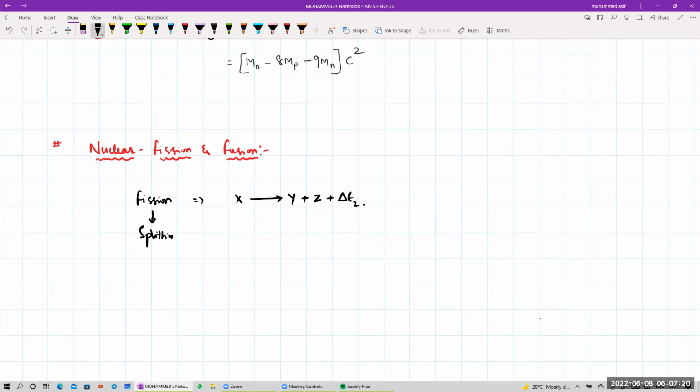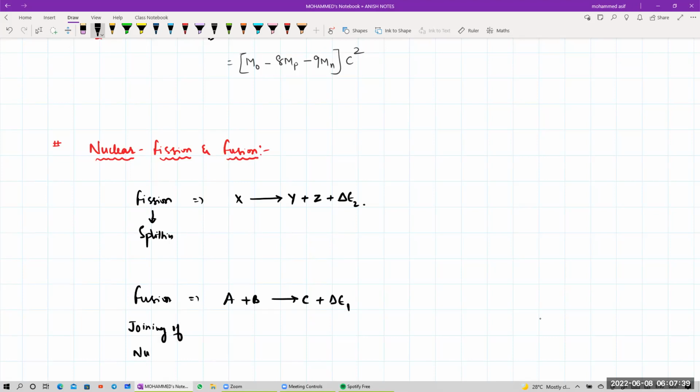And fusion means adding. Like say A plus B gives you some C plus a certain amount of energy. That means this is nothing but joining of nuclei.